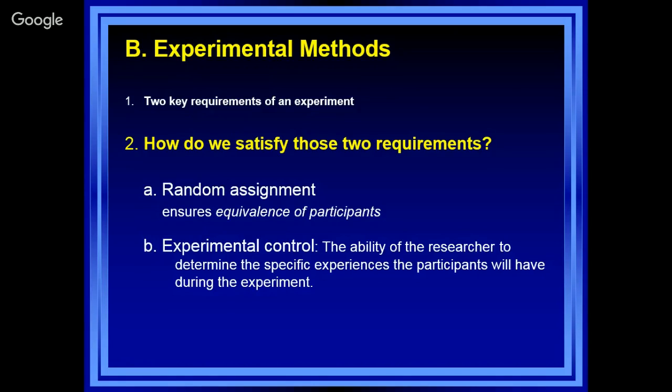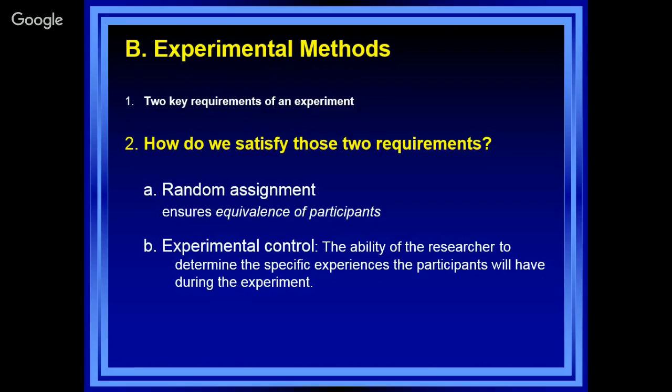All right, next way to satisfy the two requirements is experimental control. And we say that this is the ability of the researcher to determine the specific experiences the participants will have during the experiment. As much as possible, you're going to control this experiment and tweak things and keep everything else the same from the beginning to the end of your experiment.